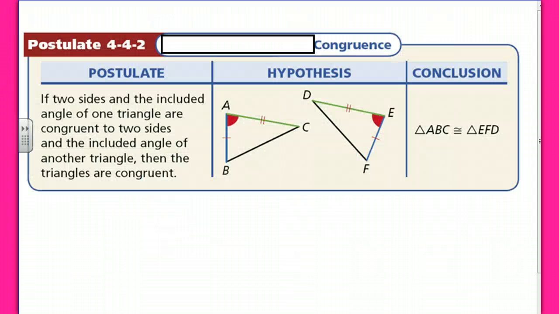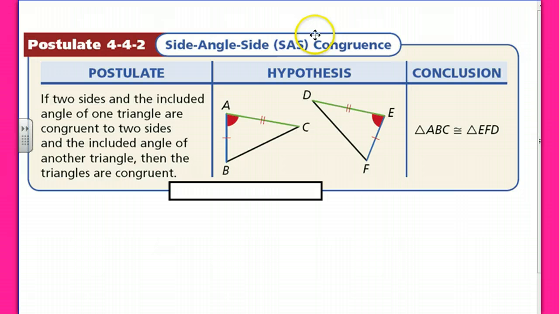All right, so the second postulate for today says that if two sides and the included angle of one triangle are congruent to two sides and the included angle of another triangle, then we can say that these two triangles are entirely congruent. This is called side, angle, side, SAS.